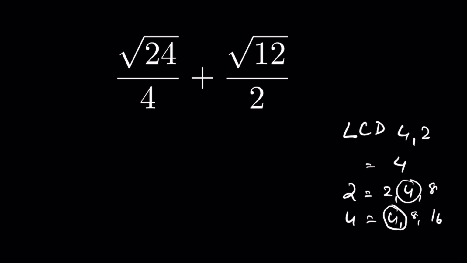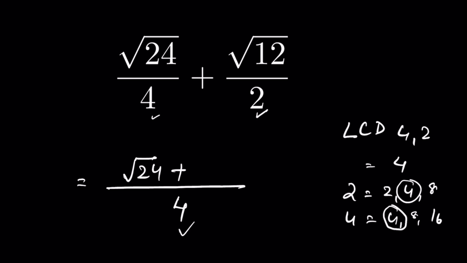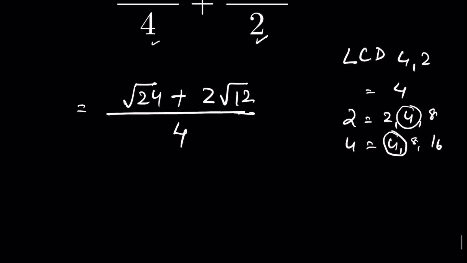So the LCD will be 4. You write 4. Now divide 4 by this denominator. 1 times square root of 24 is square root of 24, plus 4 divided by 2 is 2, so 2 times square root of 12 like this. Same result. Now simplify the radicals.